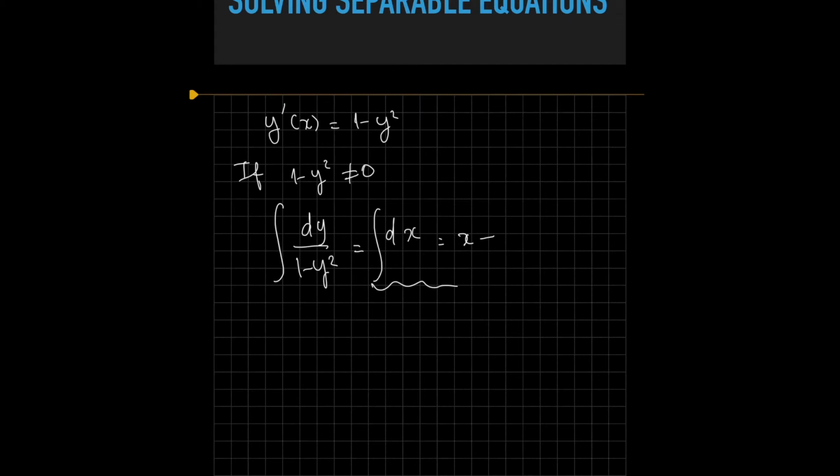And in fact, this integral here is quite easy, so let's just do that. Then I'll just put that on the other side. Now we can actually integrate this expression using partial fractions. That's what we'll do.